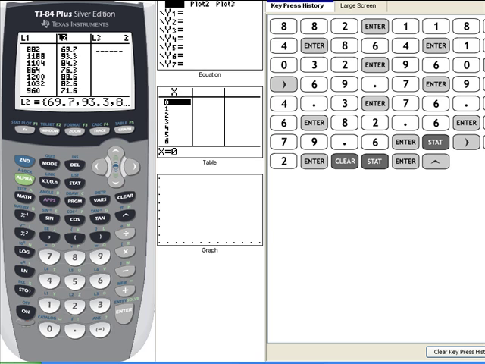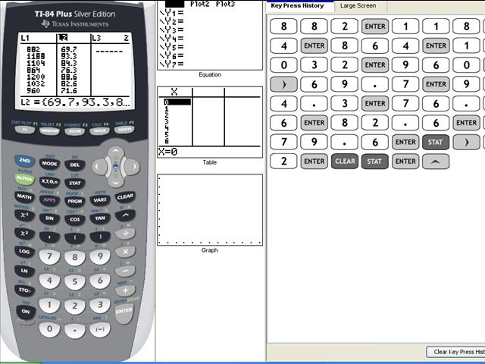Okay, so we have 882 matched with 69.7, 1188 with 93.3, and so forth.